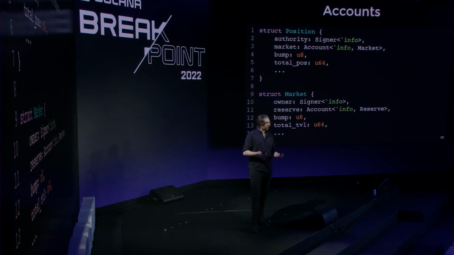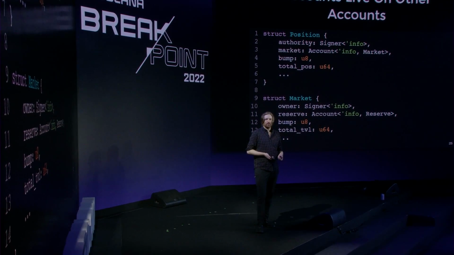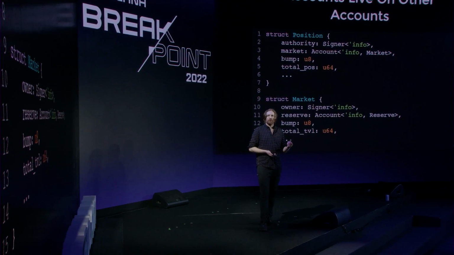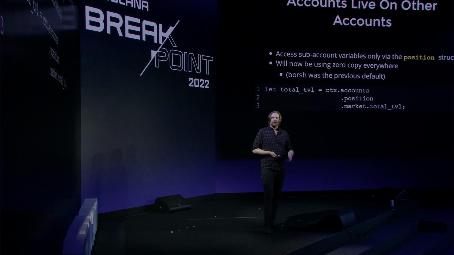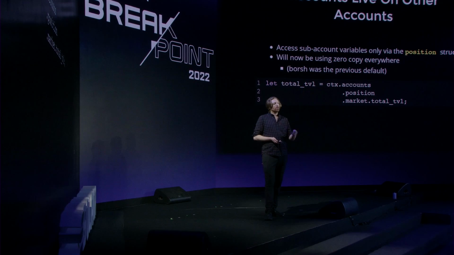On Move, I think they really do live inside each other, so to speak, but Solana works differently. And this is the syntax you use to access it: your context, .accounts, .position, .market, .tvl. Now it's really difficult to pass in the wrong market account or the wrong authority.